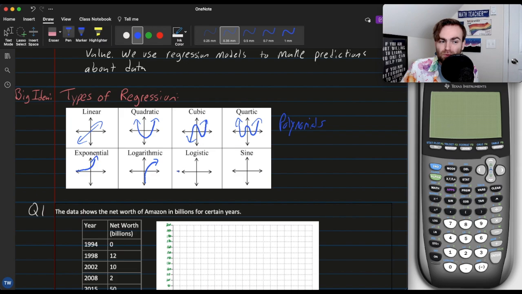It's where you don't grow very much, grow a lot, and then don't grow very much again. A little weird. And then your sine is where you're repeating phenomena. So anything that repeats periodically, like the weather or the position of the sun in the sky and stuff like that, anything that happens on a periodic basis is going to use a sine regression.